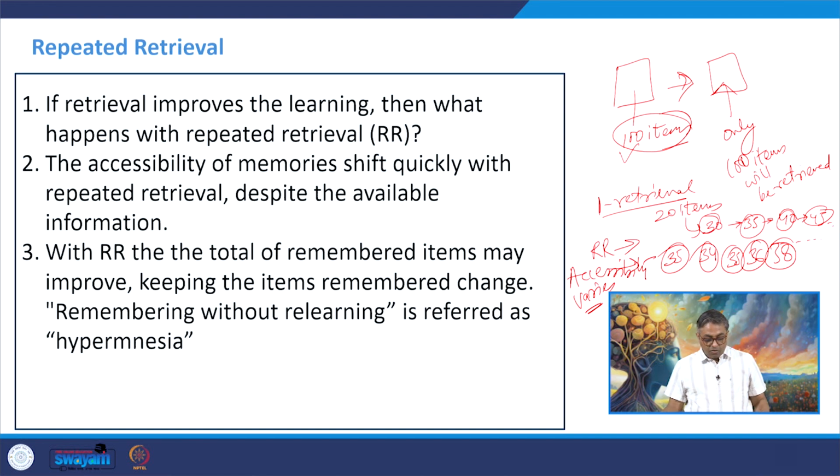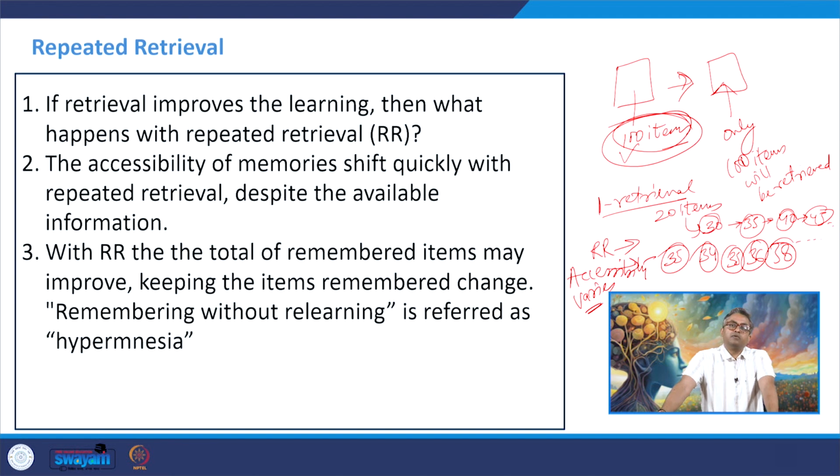So remembering without relearning is referred to as hypermnesia. So what is basically happening? The person is remembering the items without relearning them. The individual has encountered 100 items and learned them the first time, only one time learning.